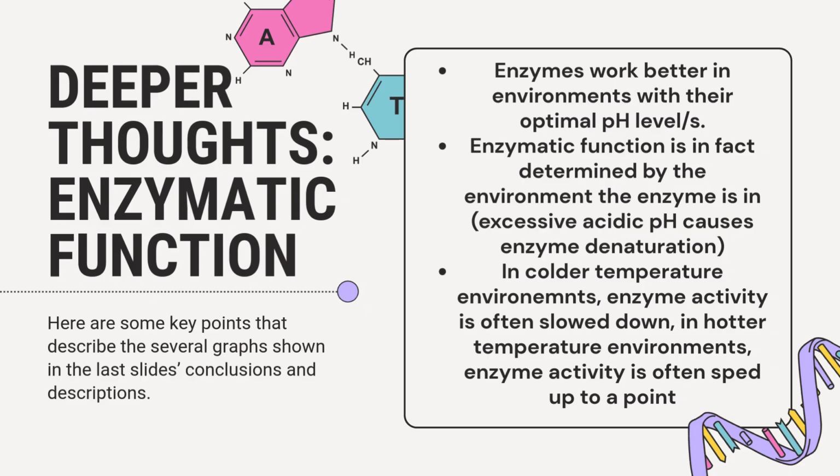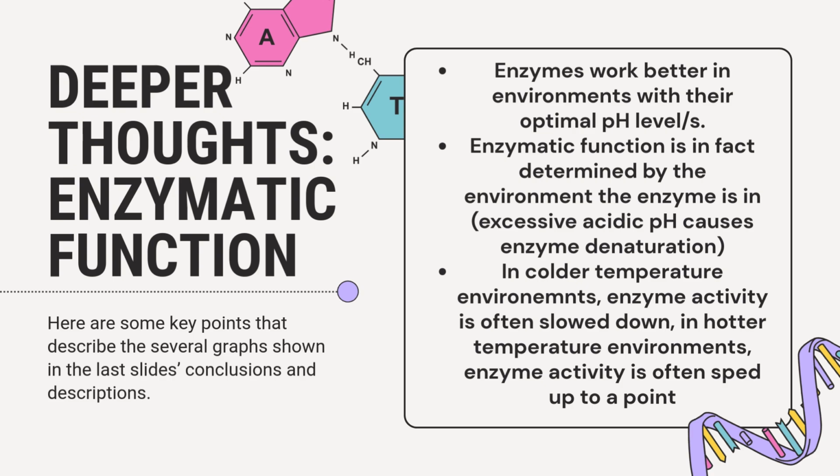Now, here are some key points that describe the graphs shown in the last slide, conclusions and descriptions, basically. Enzymes work better in environments with their optimal pH levels, and enzymatic function is in fact determined by the environment the enzyme is in. Excessive acidic pH levels can cause enzyme denaturation.